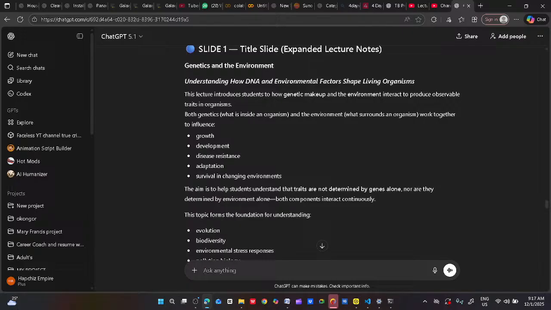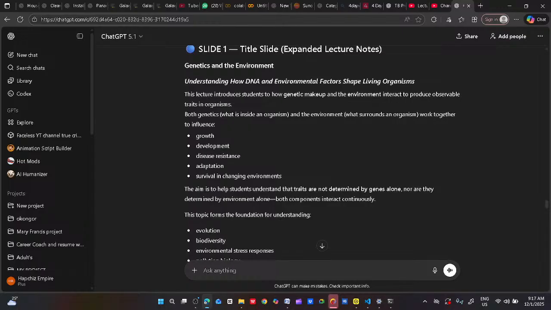So the aim is to help students understand that traits, anytime you come across traits, trait means characters. Trait means what? Characters, or the behavior of an individual. So that is why you can also define genetics as the study of the genetic foundation of behavior.